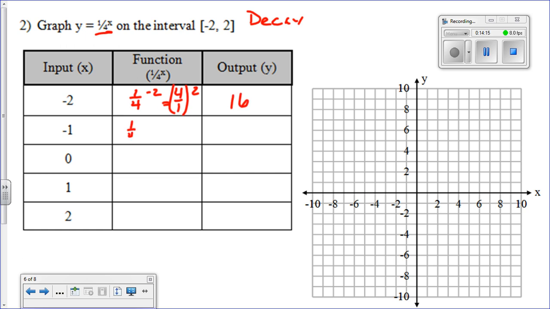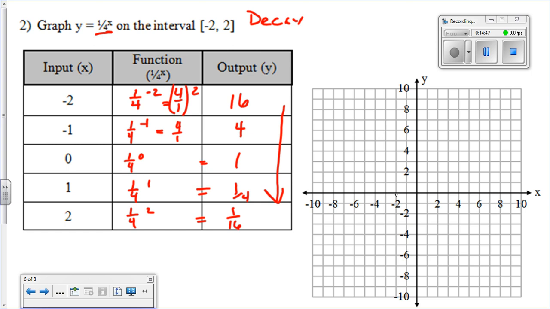That's 1/4 to the negative first power, which means 4 over 1, which is just 4. 1/4 to the 0 power is 1. 1/4 to the first power is just 1/4. And 1/4 squared is 1/16. So you can see as we're moving down here, a fourth remains each time. Okay, so we're taking a fourth each time.